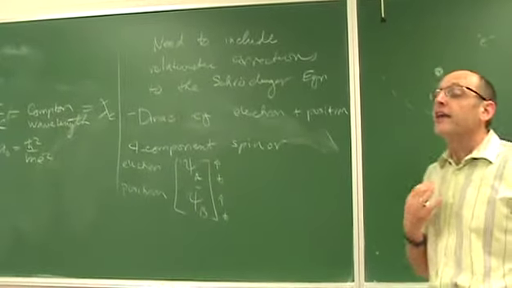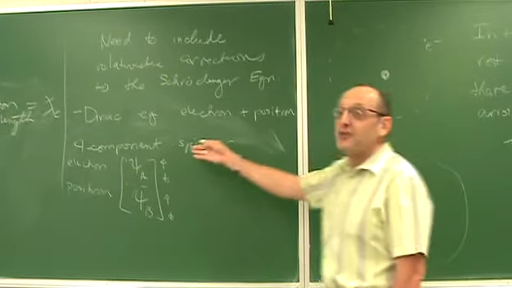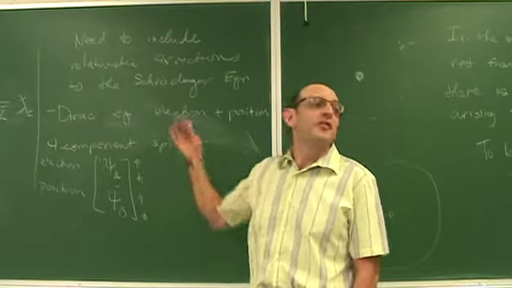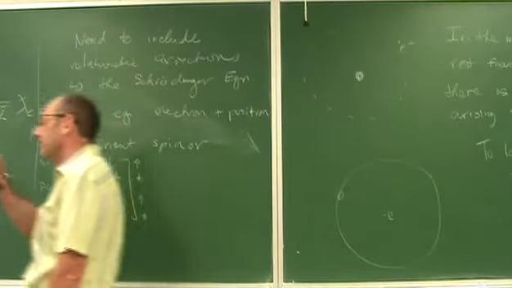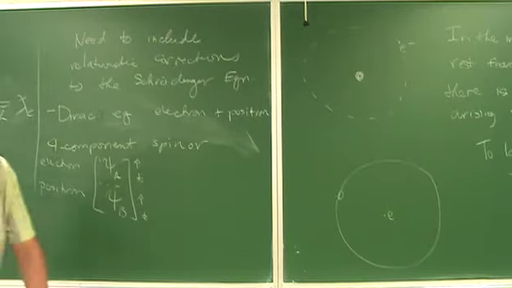And the Dirac equation is a coupled equation that couples the positron wave function and the electron wave function together. There's lots of ways to write that equation. There's a covariant formulation. Let me just write it down in a simple way.